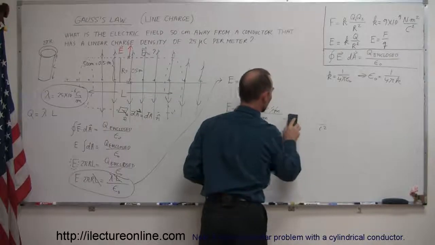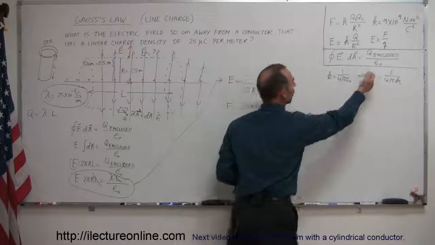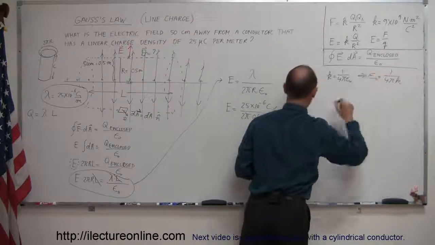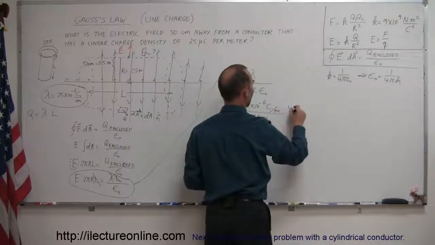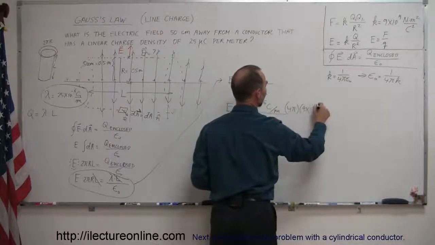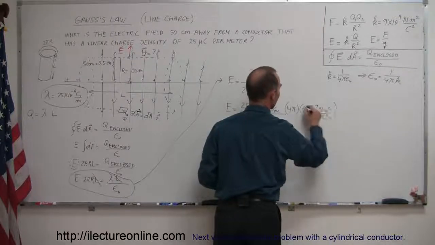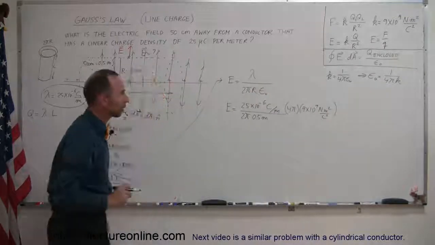Let me rewrite that. Since it's 1 over epsilon sub naught, that would be the inverse of that. So that's actually equal to 4 pi times 9 times 10 to the 9th newtons meters squared per coulomb squared. There we go. Got to make sure we do that correctly.